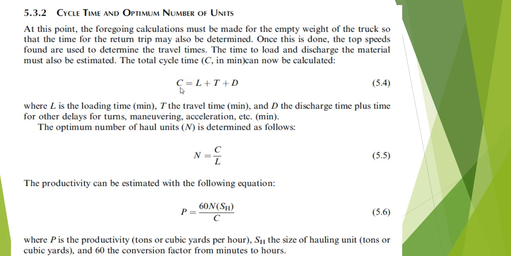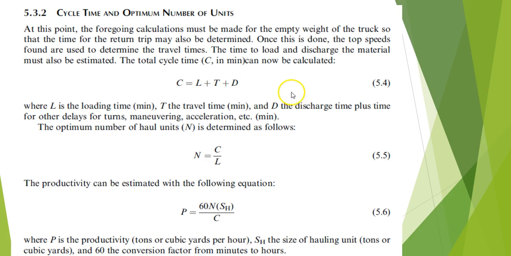Total cycle time is C. L is the loading time in minutes, and we talked about how long it takes to load a vehicle up. T is the travel time, and it's going to be a function of that acceleration time that we just calculated. And D is the discharge time.